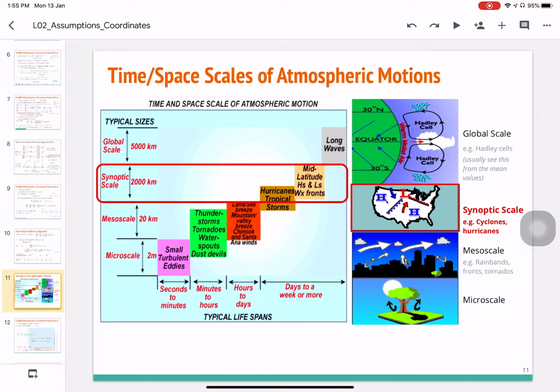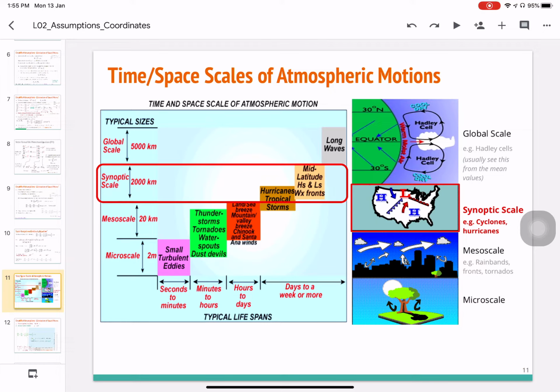Why do the textbooks always mention synoptic scale motions? In all the American textbooks, it's because for synoptic scale motion, we can apply the geostrophic flow approximation. Most of the time it is correct.